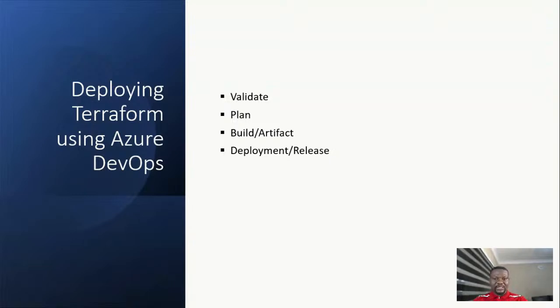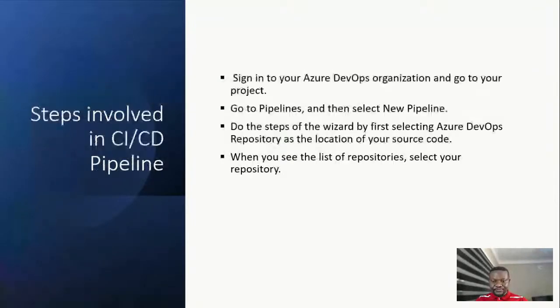When you use Azure Pipelines, the pipeline job will trigger the deployment each time an artifact is published, and then release it and make it available for use. So these are what it takes to actually deploy Terraform using Azure DevOps. And now moving forward, the steps involved in what we are going to do today.